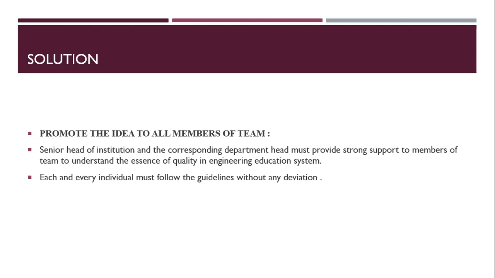So it is the duty of the senior head of the institution and the department head to carefully communicate the clear idea to the next level team members, that is, the supporting faculties or subject analysts, in order to follow the process guidelines without any deviation.